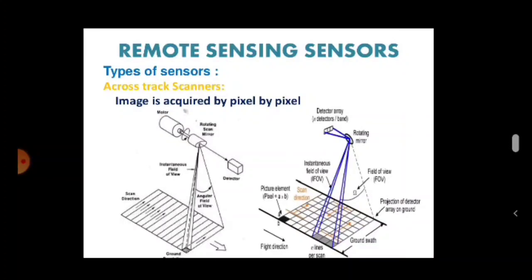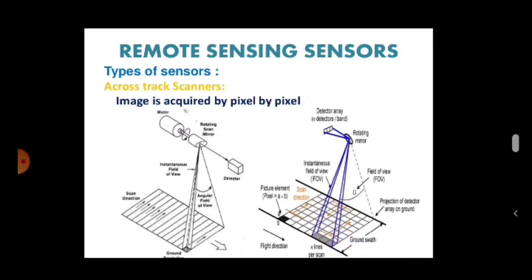Successive scans build a two-dimensional image of Earth's surface, and the emitted radiation is separated into several spectral components which are detected independently. UV, visible, near IR and thermal radiation are dispersed into their constituent wavelengths.